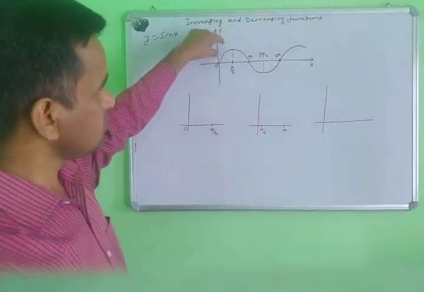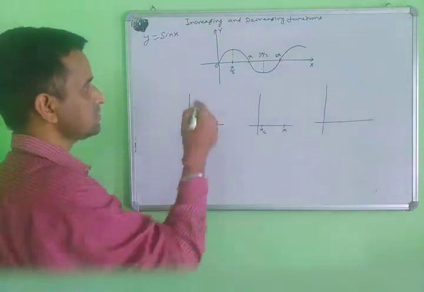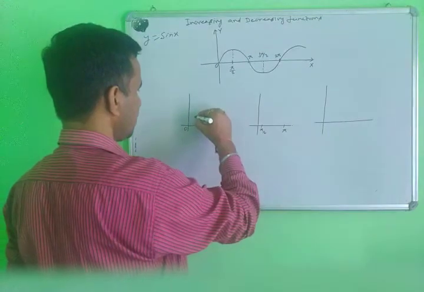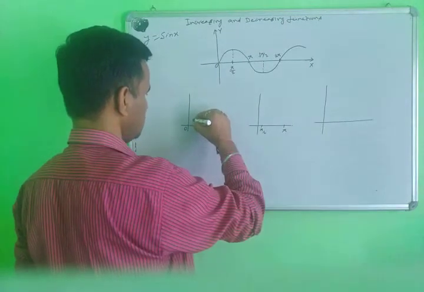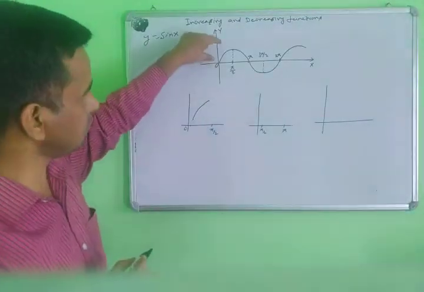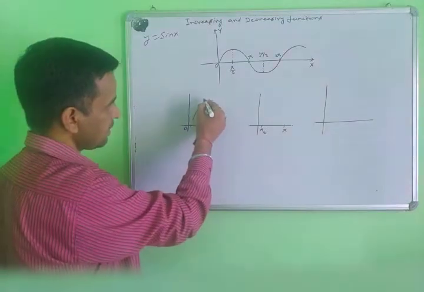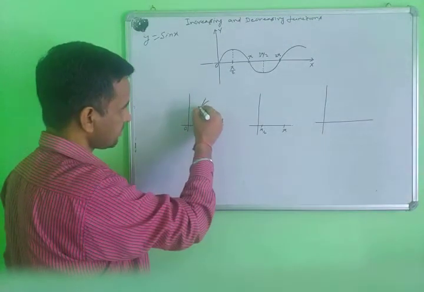The function is increasing on 0 to pi by 2. I am drawing the function from 0 to pi by 2 in this shape, and I will draw a tangent here.